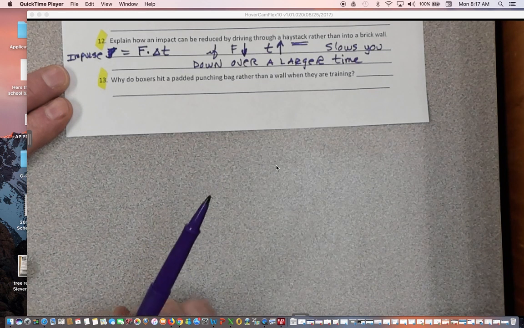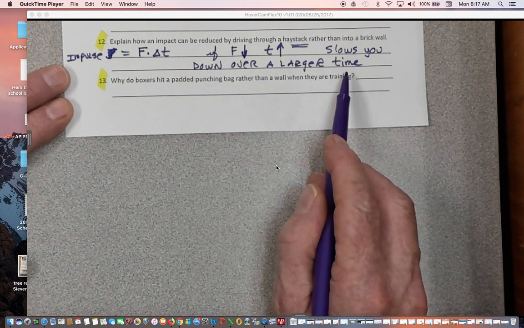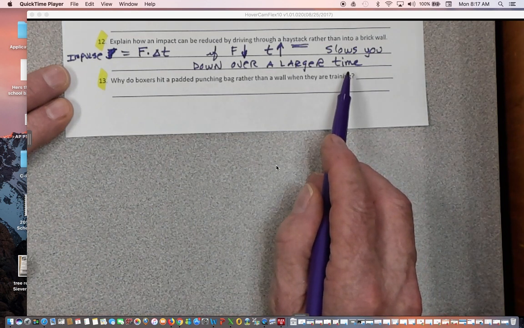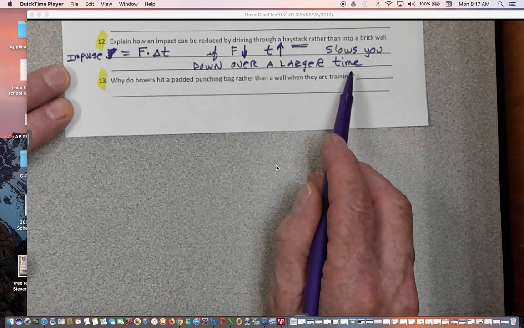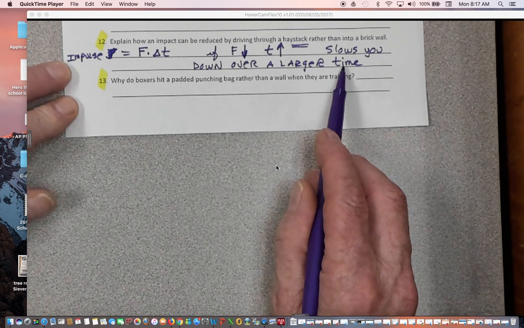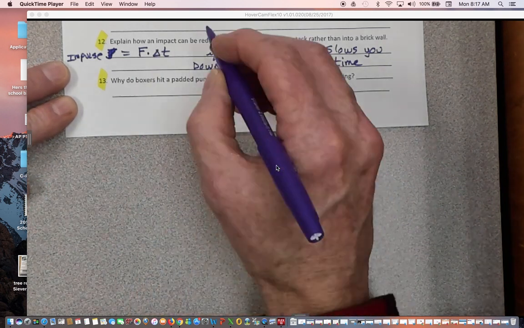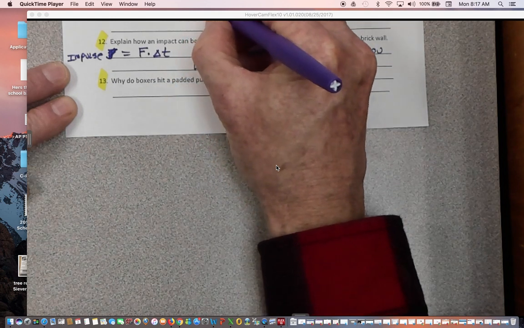In class, we'll do some demonstrations like an egg toss. When you toss an egg to somebody, if you catch it quickly, it'll break. But if you cradle it, and I'll demonstrate that in class at some point, if you increase the time, the force goes down and things survive. What is impact? Impact is another word for force.